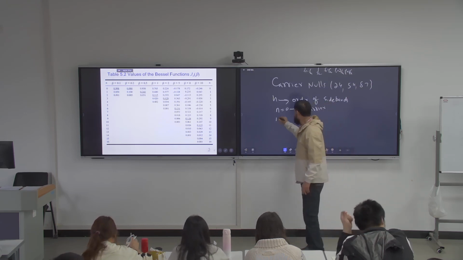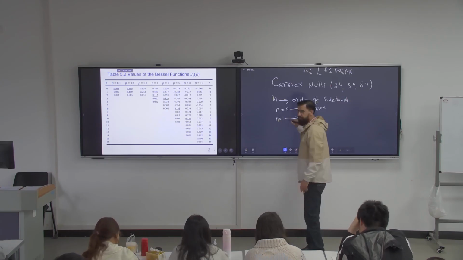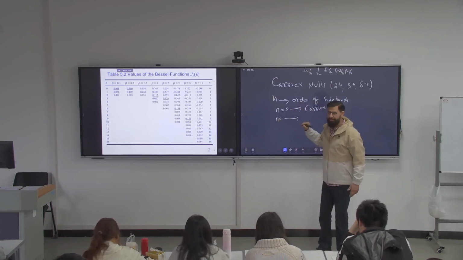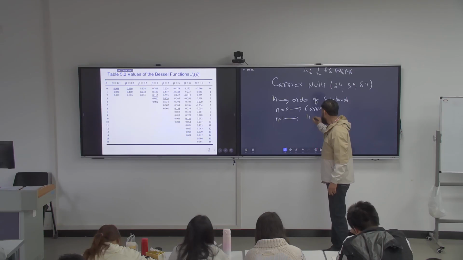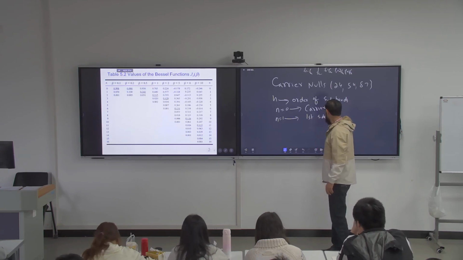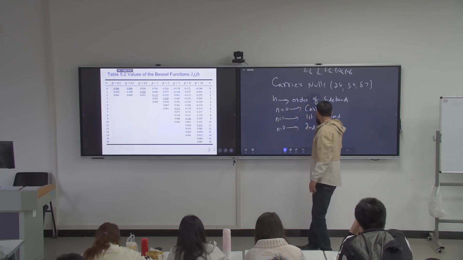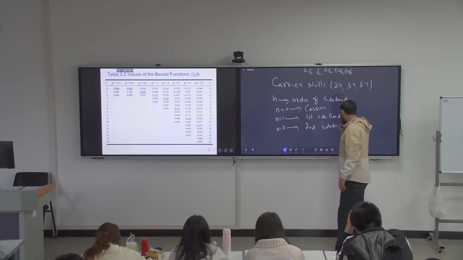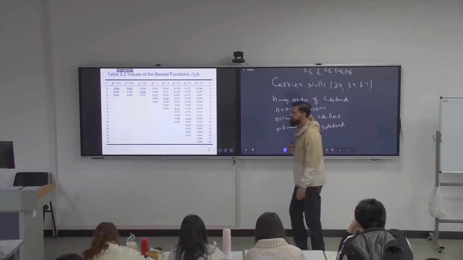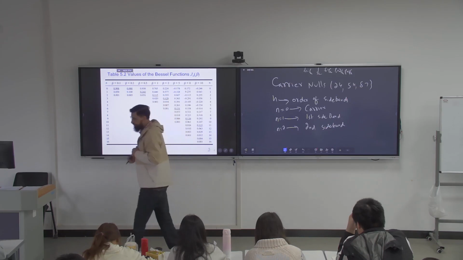And if n is equal to 1, I'm talking about the first sideband, right? And if n is equal to 2, I'm talking about the second sideband. And then so on, right?